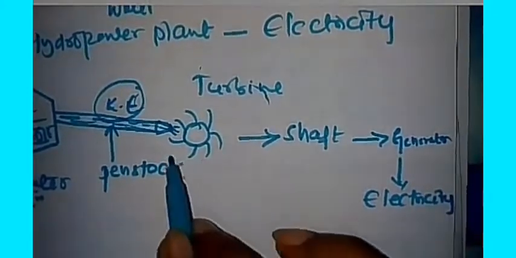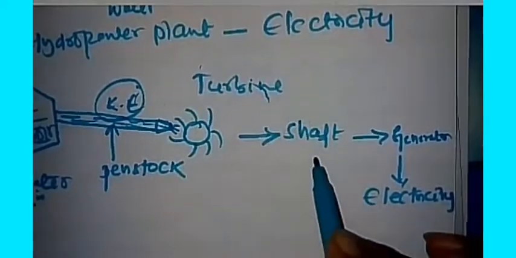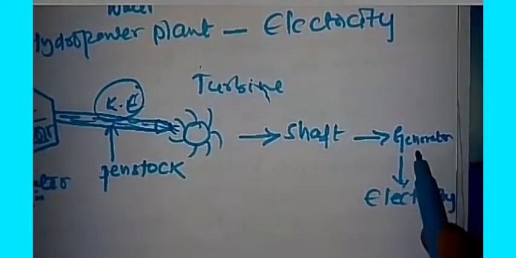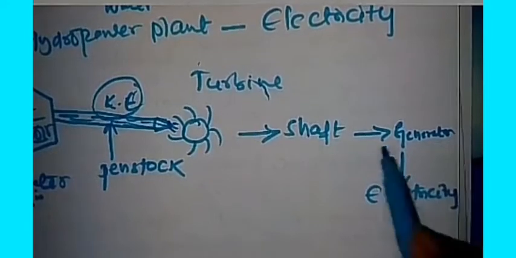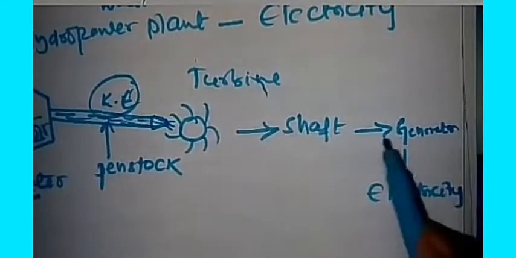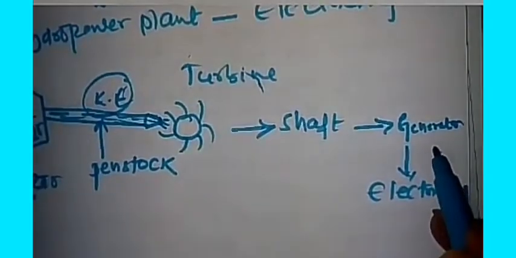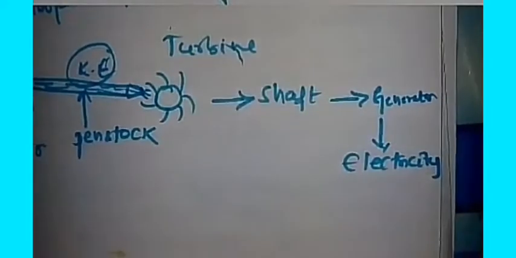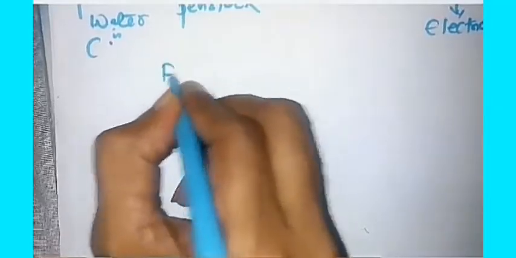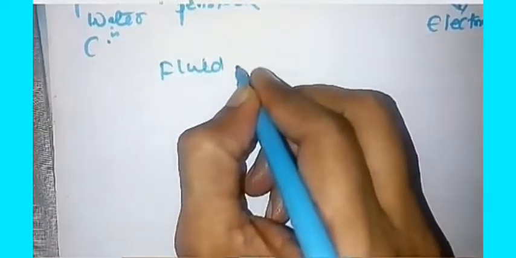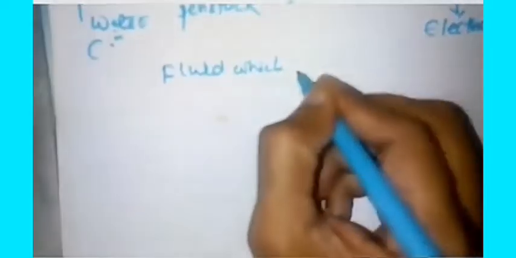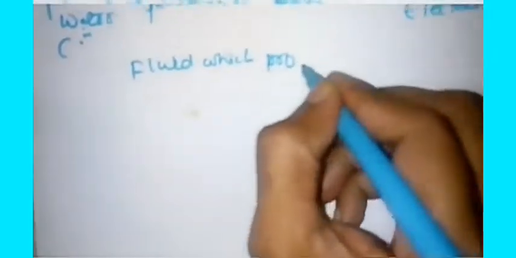Due to the rotation of the shaft inside the generator, a magnetic field is produced, and due to that electricity is generated. So in this way, fluid energy produces power.